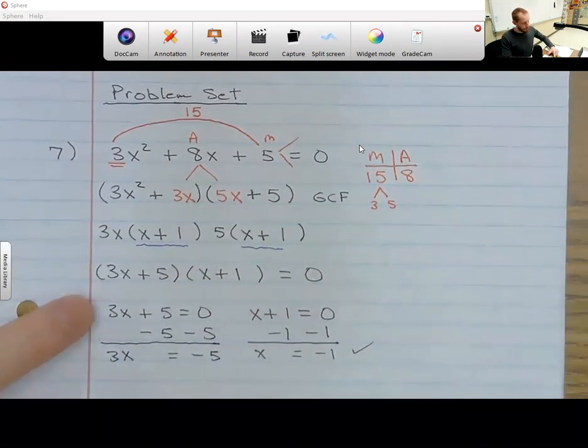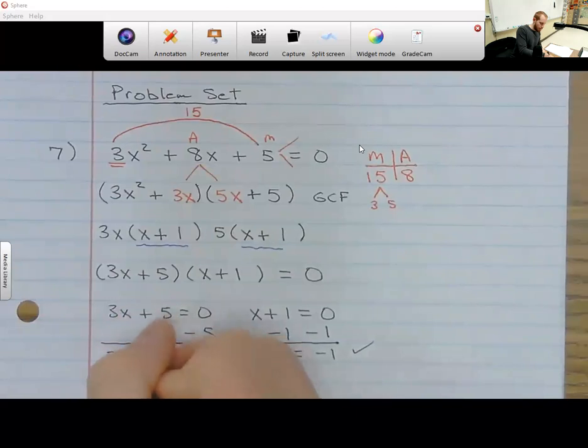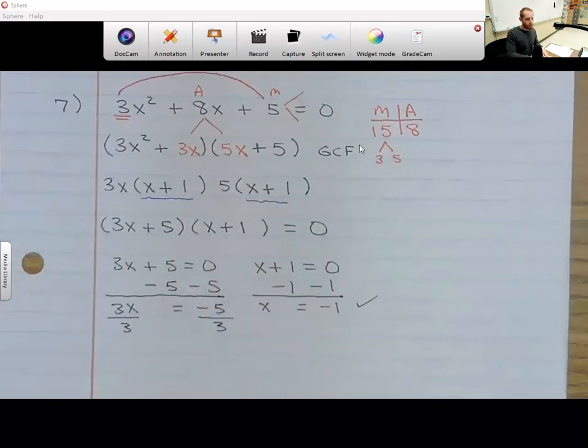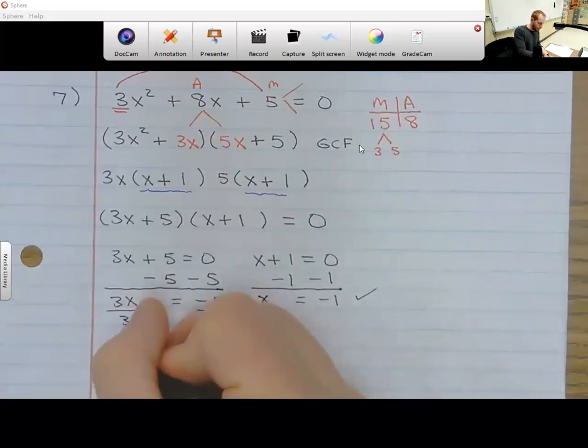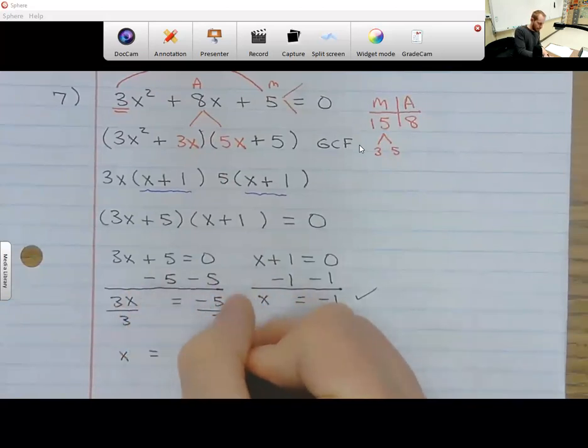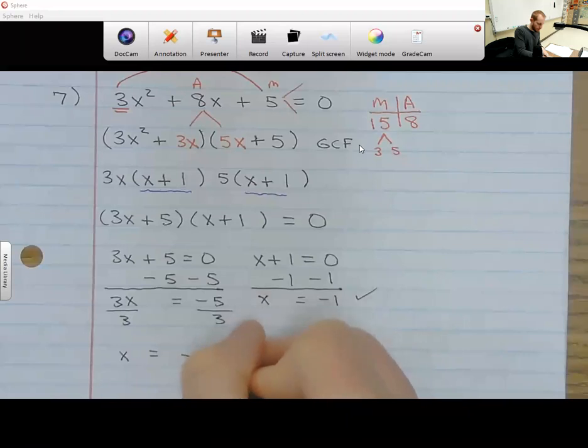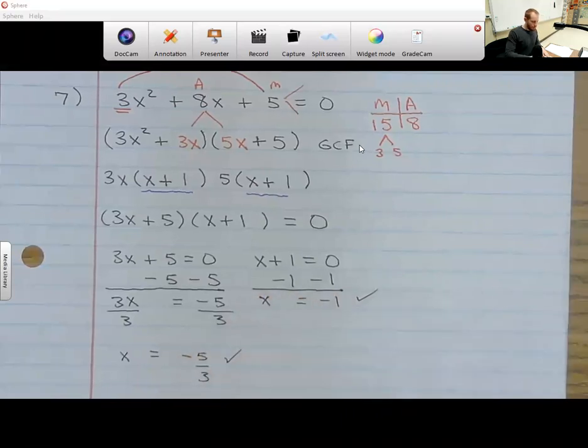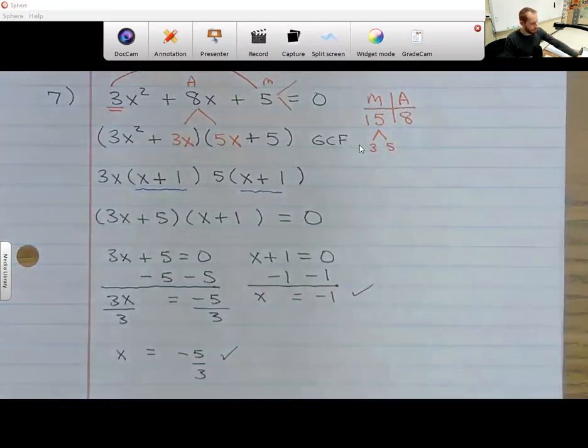And now to get rid of the 3, I'm not going to subtract 3, right? These are connected by multiplication, so I'm going to divide by 3 on both sides. So when I get done with this, I'm going to have x equals -5 over 3. So I actually get a fraction for my answer.